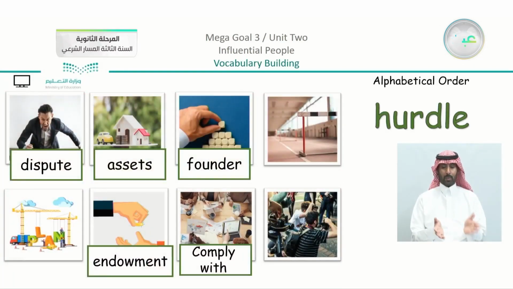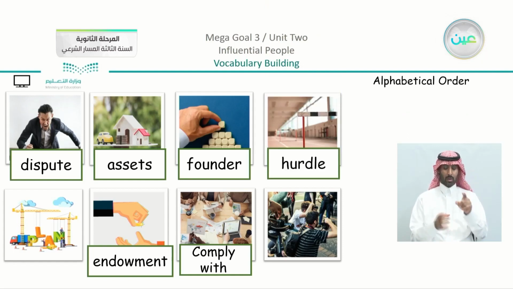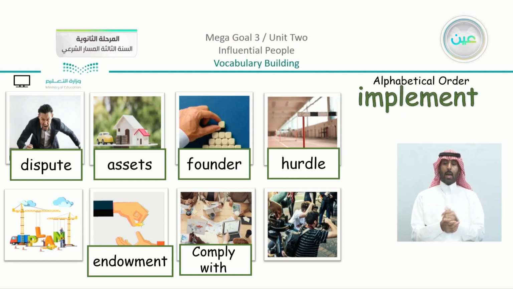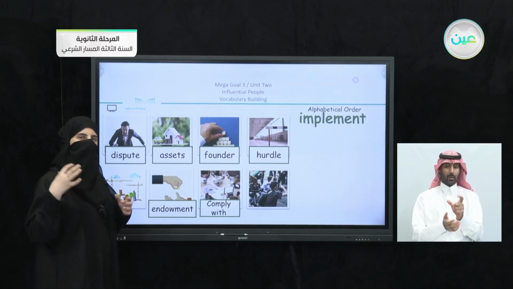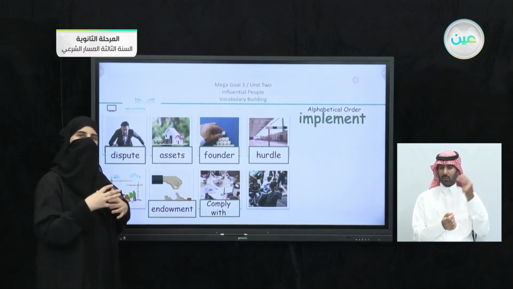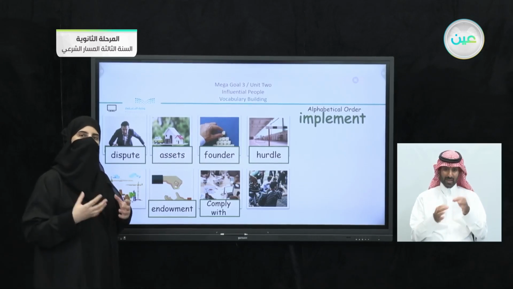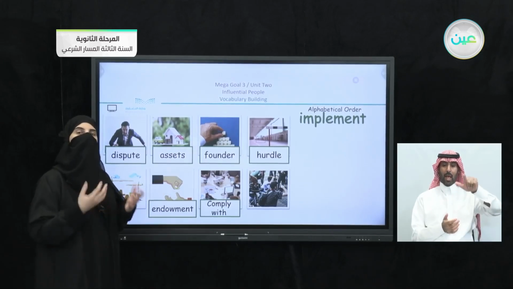Moving on with another word, we have here 3 pictures left. We have the word hurdle. Now hurdle here, yes, it goes here. And we have also the word implement. Implement, you have 2 pictures. Which one goes with implement? Now implement is a word that you can just recall, or you feel that it is close to the word plan, because actually when we have a plan, we implement it.